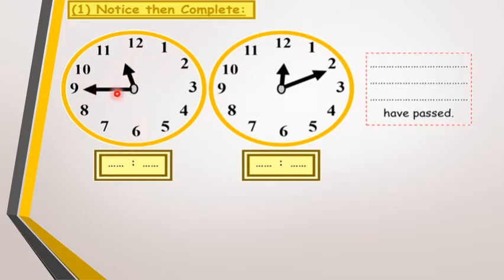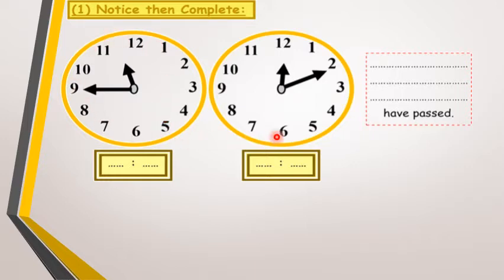For the minutes, we look at the numbers and multiply by 5, because each one represents 5 minutes. Here is 0 minutes, and here is 5 minutes, 10, 15, 20, 25, 30, 35, 40, 45, 50, 55, and here 60, when we start a new hour, so it's 00 again.